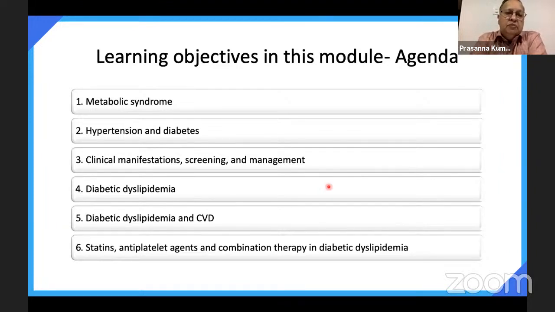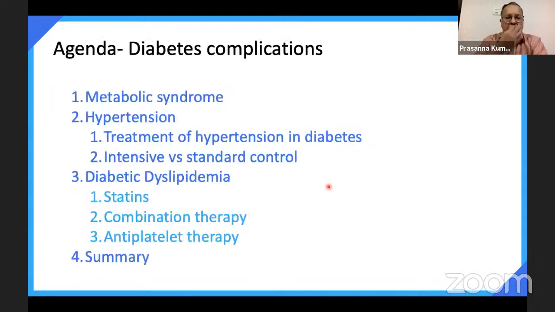We have been hearing about it for more than 2 to 3 decades. Then hypertension and diabetes, clinical manifestations, screening, and how to manage hypertension. Then, very important, dyslipidemia. What are the features of diabetic dyslipidemia? And what is the relationship between diabetic dyslipidemia and coronary vessel diseases? Then statins, when to use, how to use, anti-platelet agents, and combination therapy in diabetic dyslipidemia.